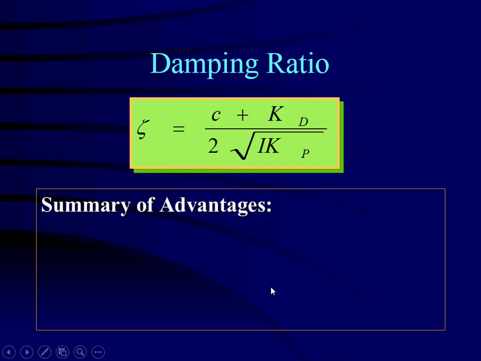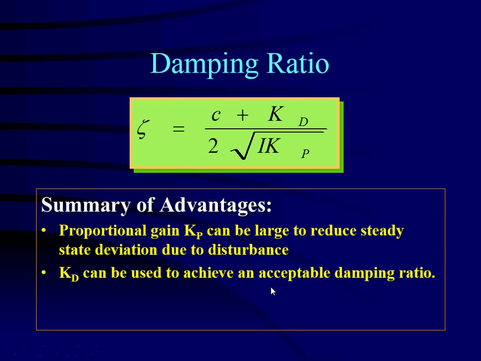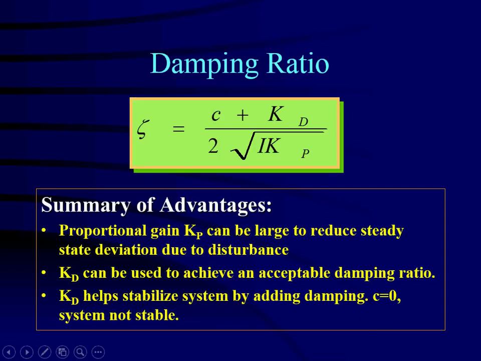Now, the damping ratio is an interesting concept because you could have a system that has the poles on the left hand side, and if you get off of the real axis, then you have damping. And damping, this is the way we express the damping ratio. And in terms also of the proportional and derivative gains.